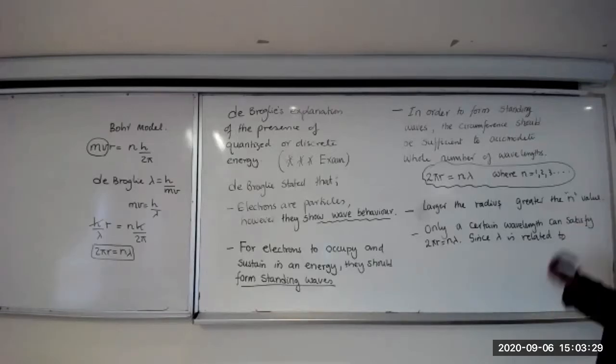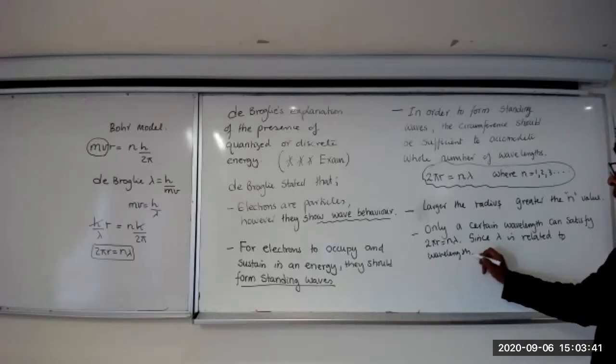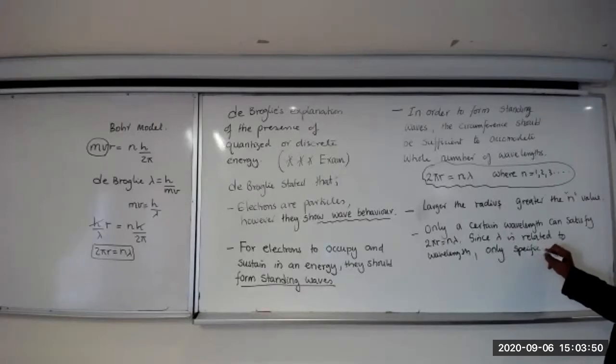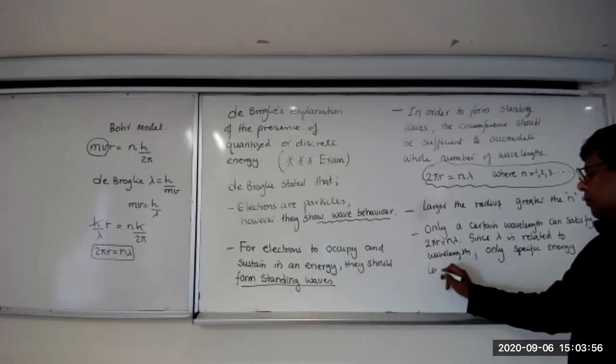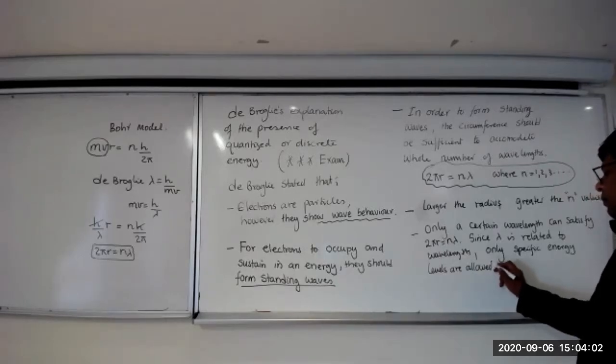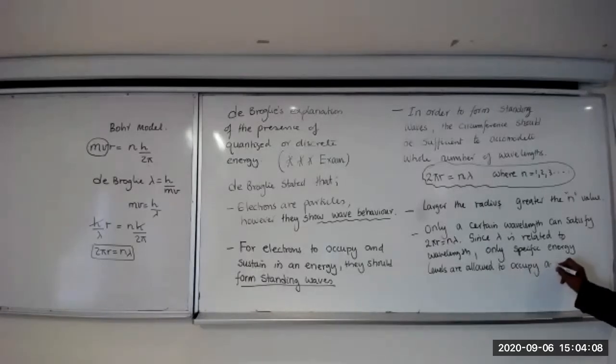We cannot just purely get the kinetic energy itself. We need to consider electric potential energy as well. But we can see it's related to the wavelength. So only specific energy levels are allowed to occupy around the nucleus.